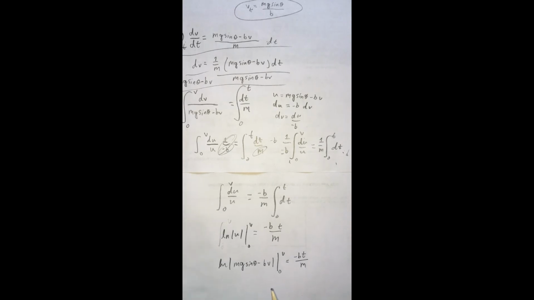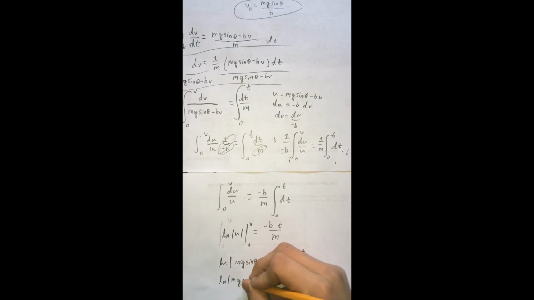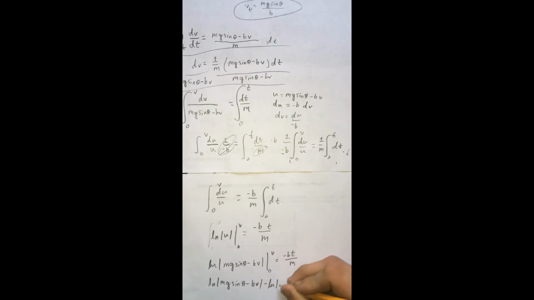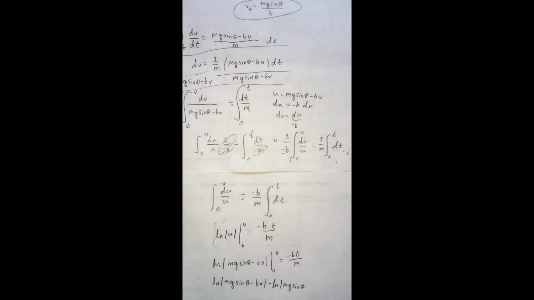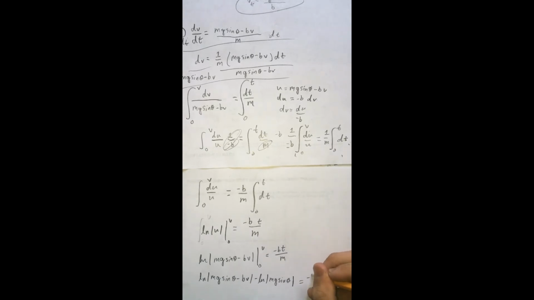So now what I can do is plug in the bounds. We know ln of mg sine theta minus bv minus ln mg sine theta, and then b times 0 is going to be 0. So we can just leave this as ln of mg sine theta is equal to negative bt over m.